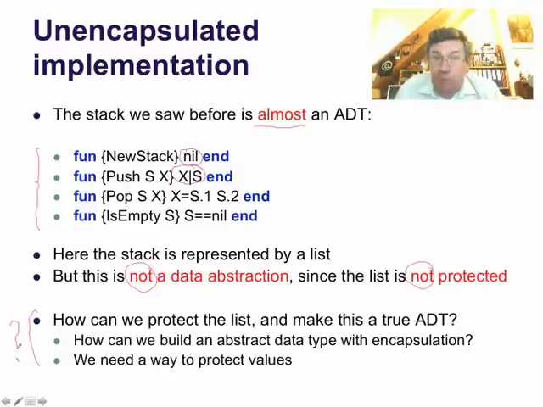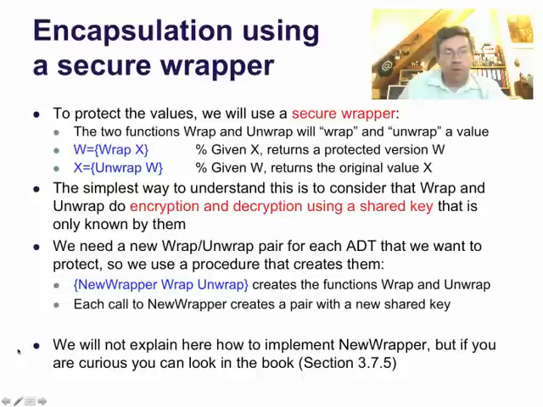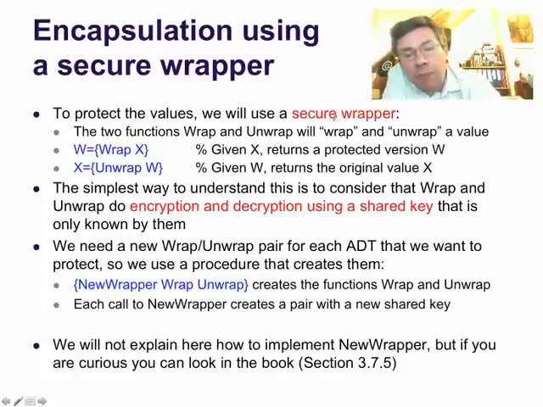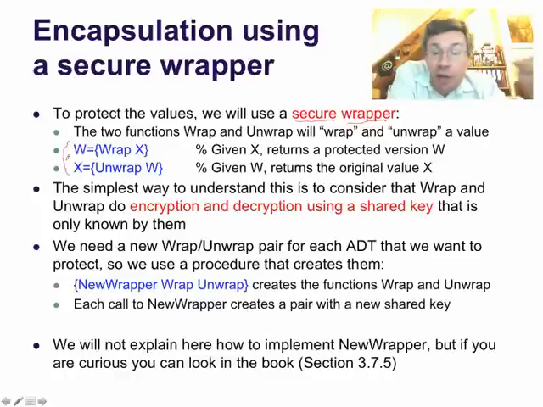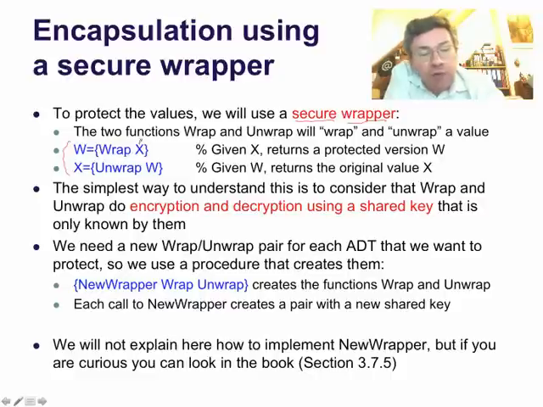So we need a way to protect values. To do that, we'll introduce a technique, an idea called a secure wrapper. A secure wrapper consists of 2 functions, a wrap function and an unwrap function. The wrap function takes any value x, an unprotected value like a list, and it returns a protected version w.